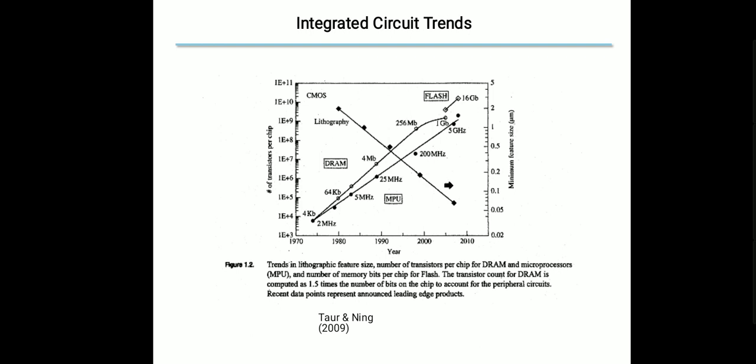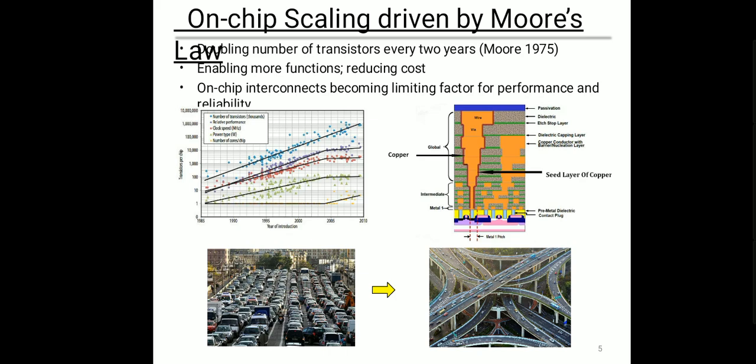The transistor count for DRAM is computed as 1.5 times the number of bits on the chip to account for peripheral circuits. This is taken from Taur and Ning in 2009.